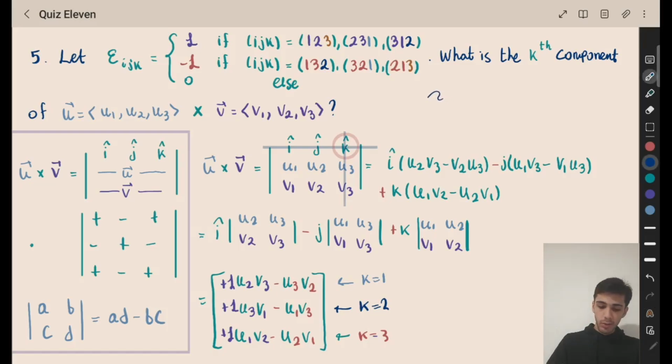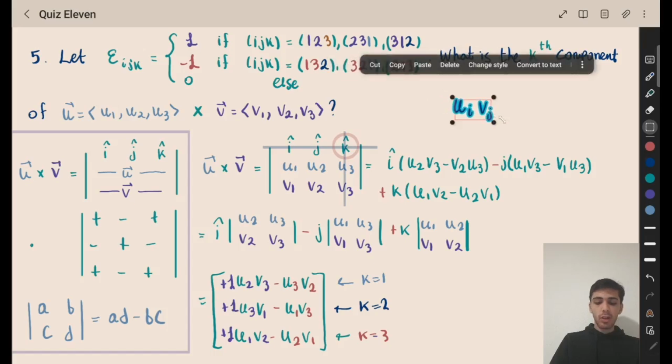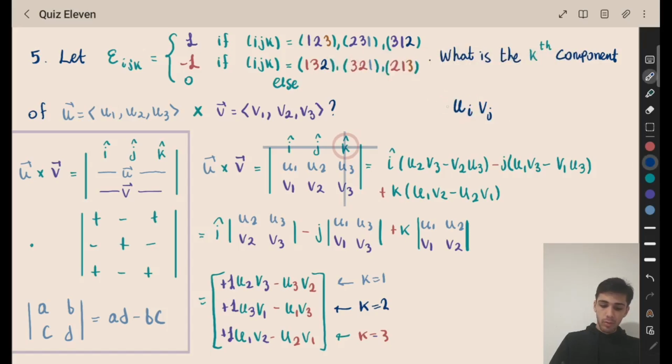So I can write something of this sort. I can write something of u_i v_j, and I would be talking about multiplying this by some epsilon_ijk, and then let's say I sum this up over all indices i and also all indices j.